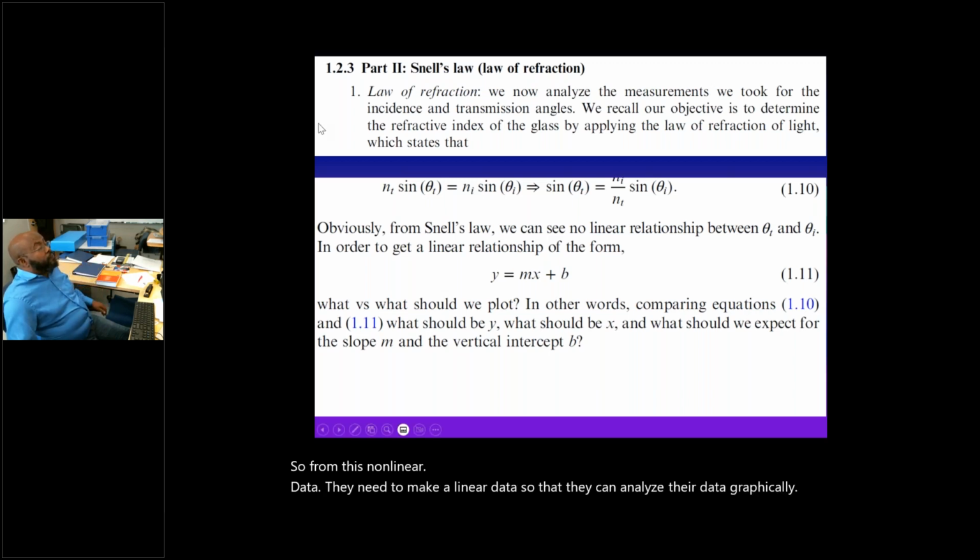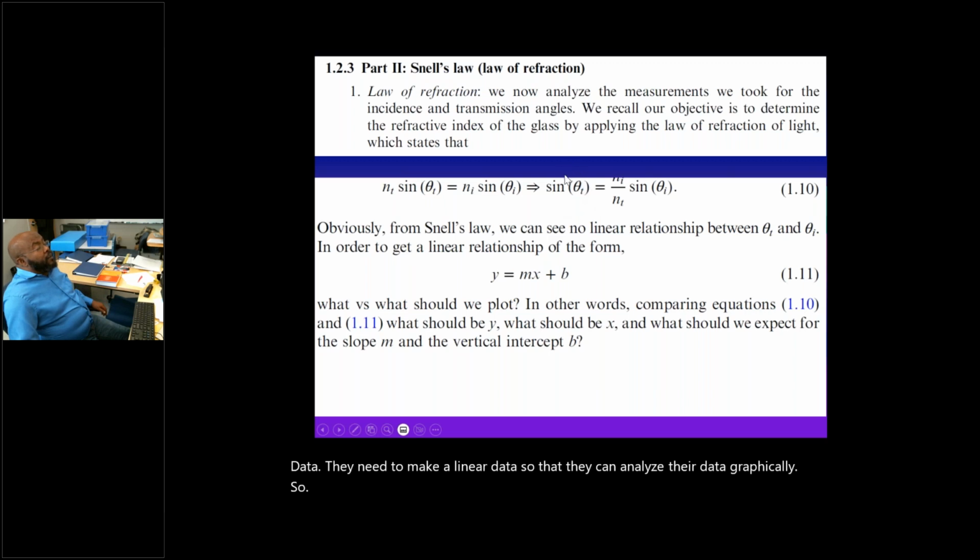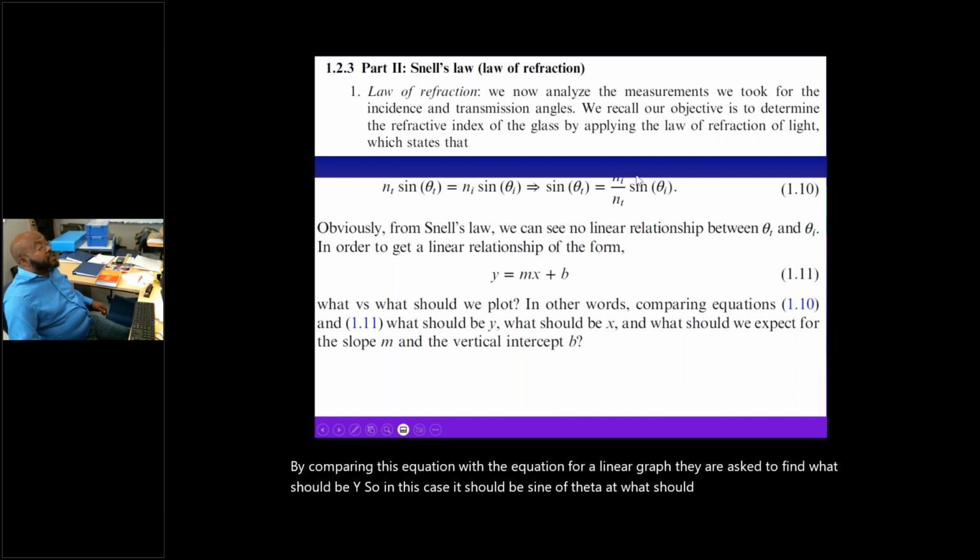By comparing this equation with the equation for a linear graph, they are asked to find what should be y. So in this case, it should be sine of theta t. What should be x? That should be sine of theta i.